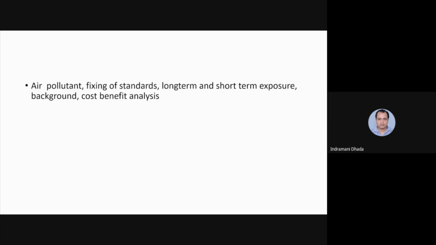First of all, we should know what is pollution. The first term is pollution. So what is pollution basically? Anything which we do not need is a pollutant for us. Suppose I have a wristwatch, and I have been using it for a long time.